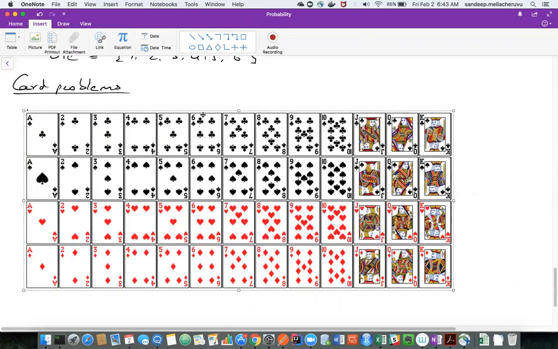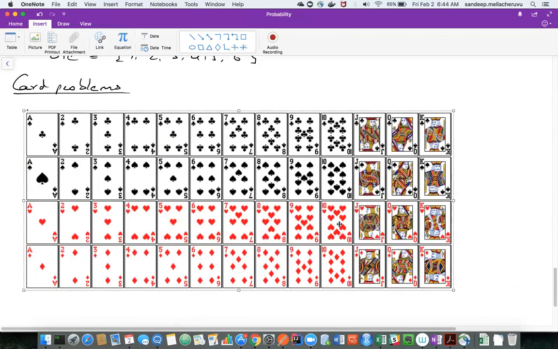So these are a deck of cards, and each deck will have 4 sets. Every row here has a different symbol. All the cards of the same symbol are called a suit.